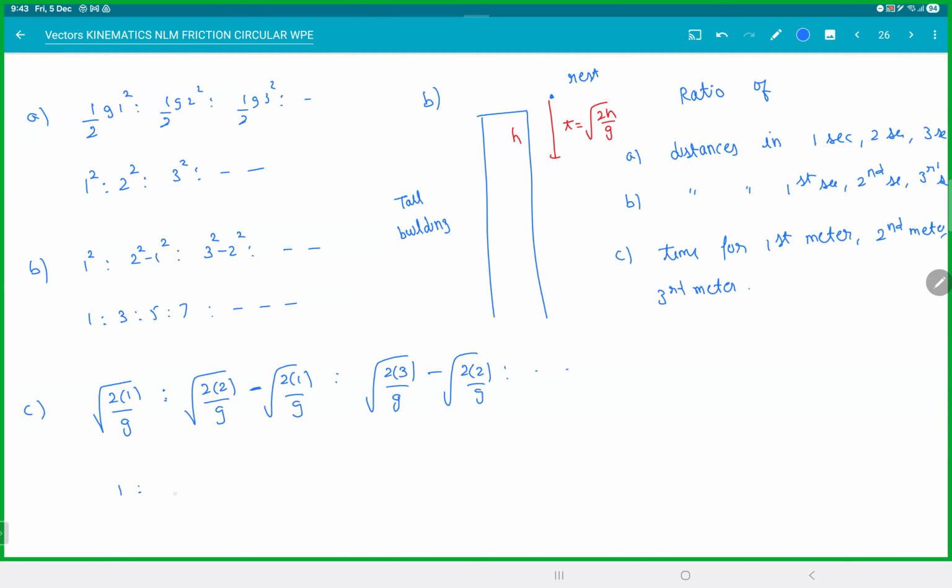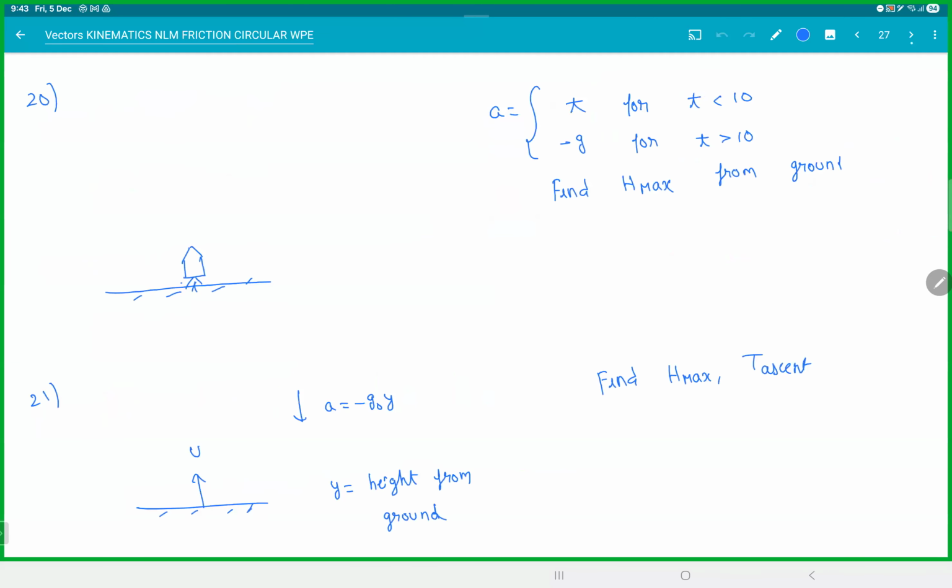Then you end up with the sequence 1, root 2 minus 1, root 3 minus root 2, root 4 minus root 3, and so on. Clear with this? That would be the sequence for the first meter, second meter, third meter. That is, the first one is root 1 minus root 0. So you can see the sequence there. It is root n minus root n minus 1. Clear? Standard stuff.